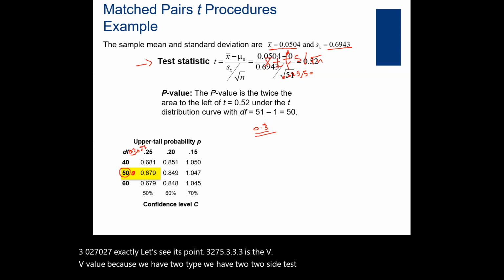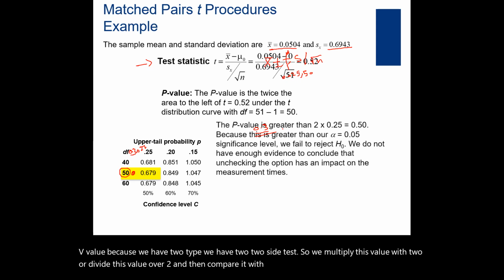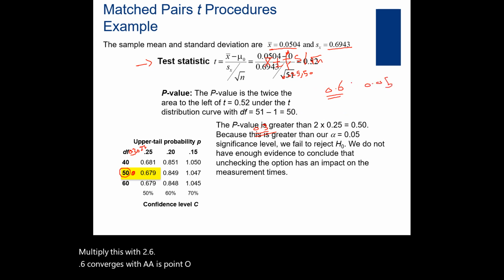So we multiply this value by 2, or divide alpha by 2, and then compare it with alpha. Multiply this by 2, get 0.6. Compare this with alpha. Alpha is 0.05. Definitely this value is greater than alpha, so we fail to reject H naught.